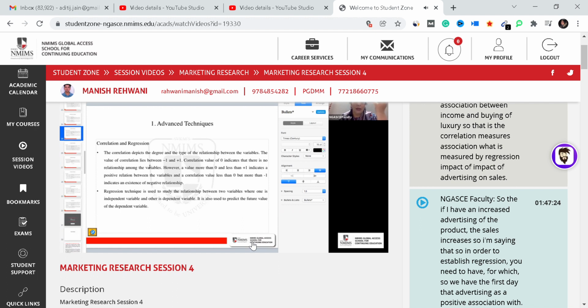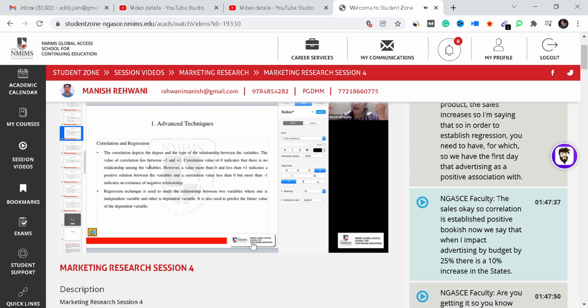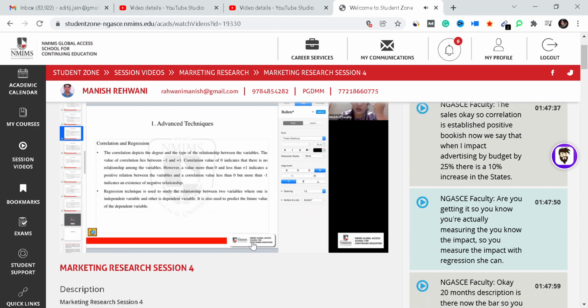In order to establish regression, you need to have correlation. So we first say that advertising has a positive association with sales. Correlation is established, positive correlation. Now we say that when I increase the advertising budget by 25%, there is a 10% increase in the sales. So you are actually measuring the impact. You measure the impact with regression.